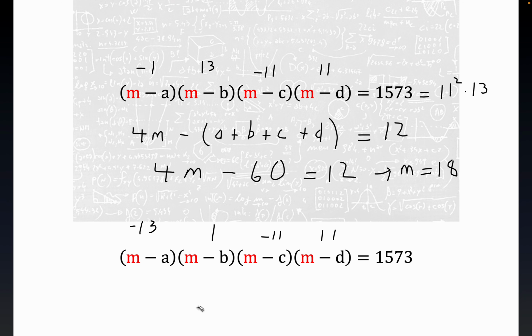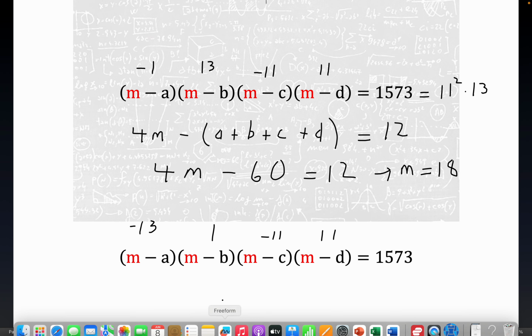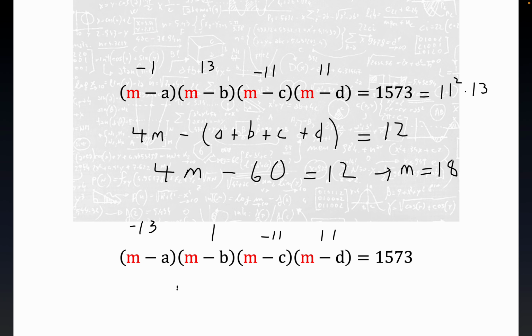Now, I believe that makes a little more sense in terms of it being distinct from the previous case, right? So you see right here what happens now is that you would get 4m minus 60. Now you see this sums up to negative 12.